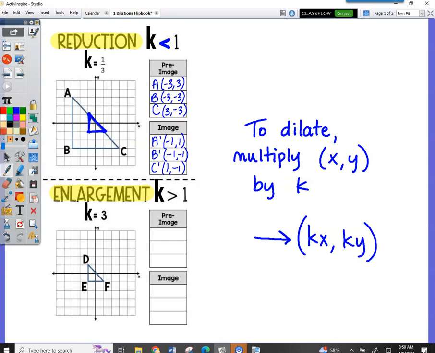So you're dilating by a factor of 3. Get the coordinate points for A prime, B prime, C prime, or A, B, C, sorry. Then get A prime, B prime, C prime.